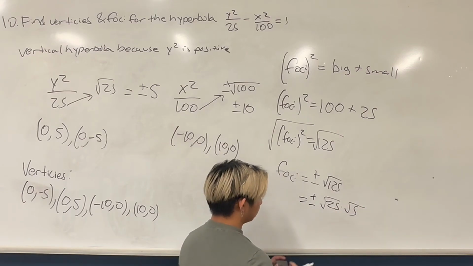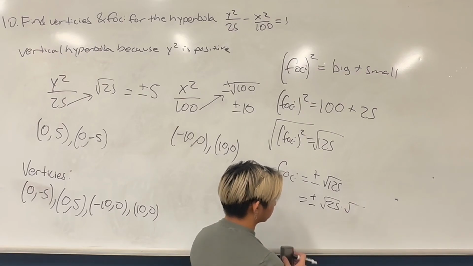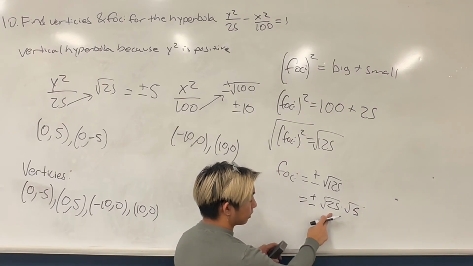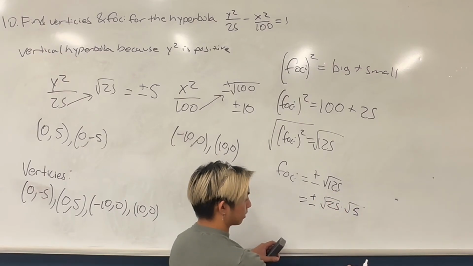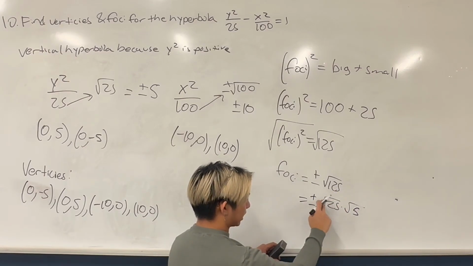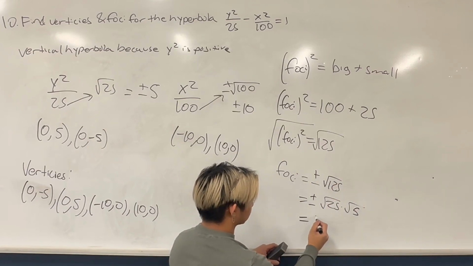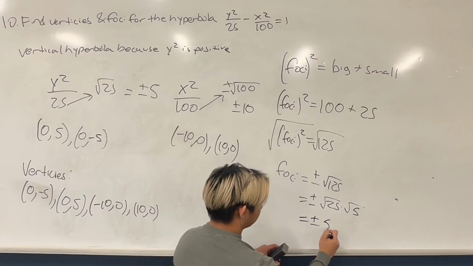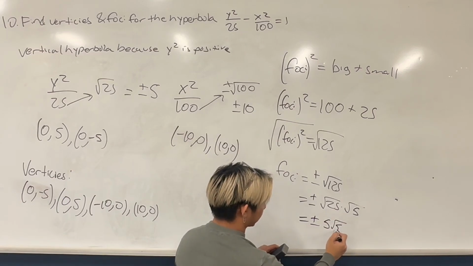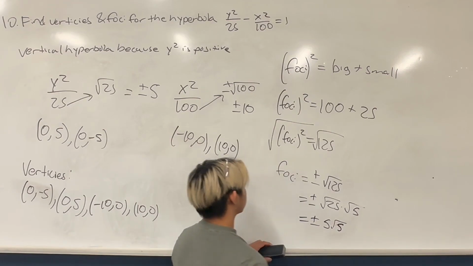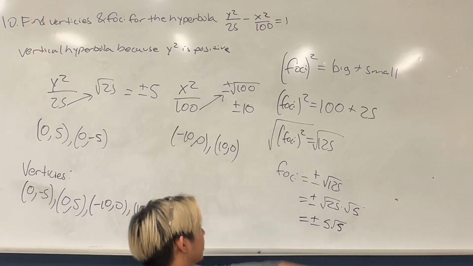The square root of 25 is 5, so we get rid of the radical on that part. So this becomes plus or minus 5 radical 5. Boom. So our foci is plus or minus 5 radical 5.